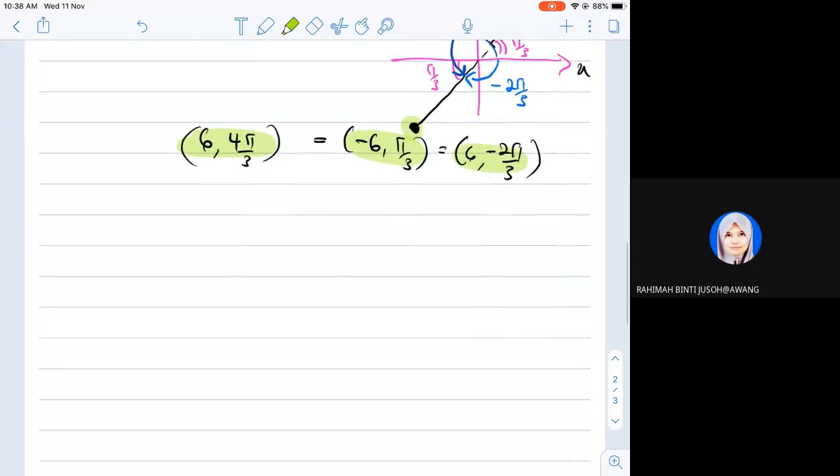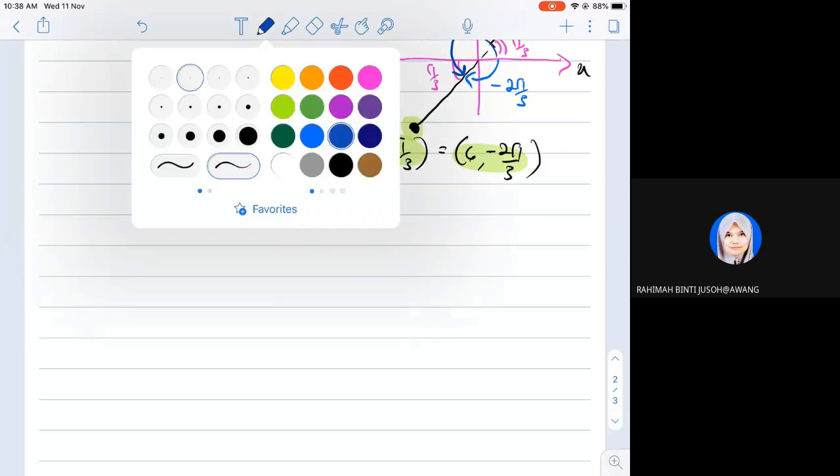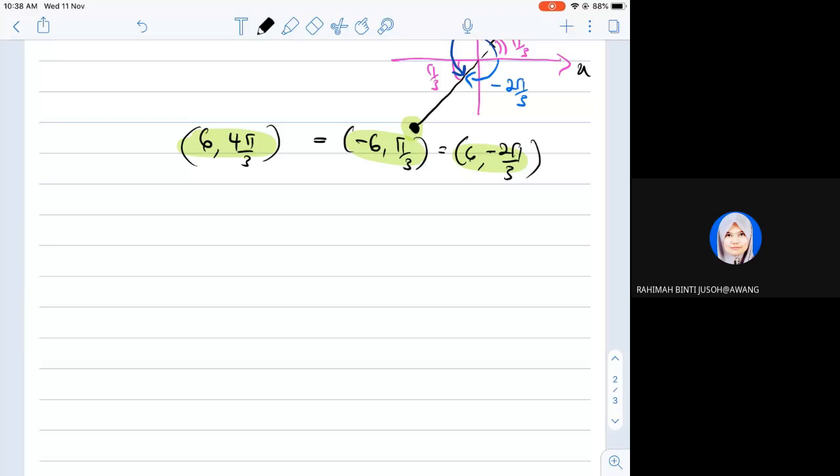Okay, next. Change the coordinates from polar to rectangular and rectangular to polar. So we have two cases. First, change from polar coordinates to rectangular coordinates.